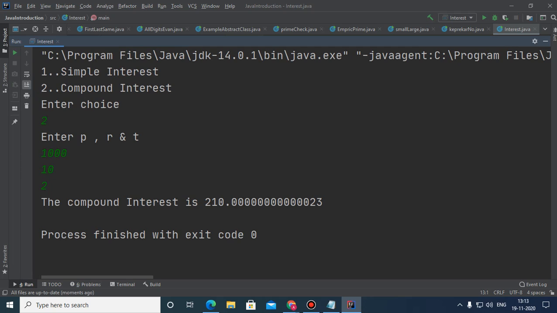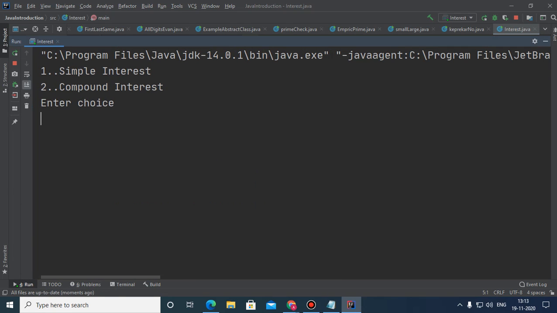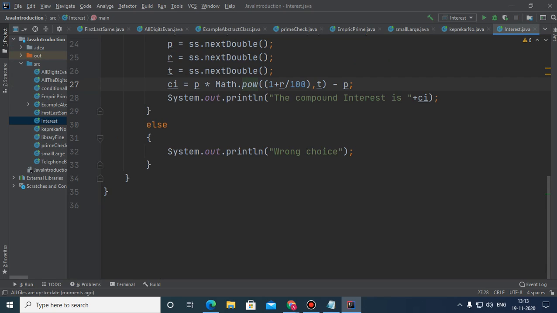Supposing the values are exactly the same as we entered for simple interest last time, it is 464. Last time it was 400, but here it is 464. It is compound interest. And if you have any query, any doubt, then please tell.